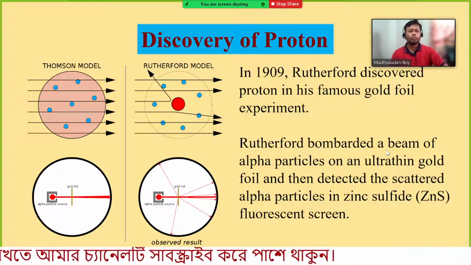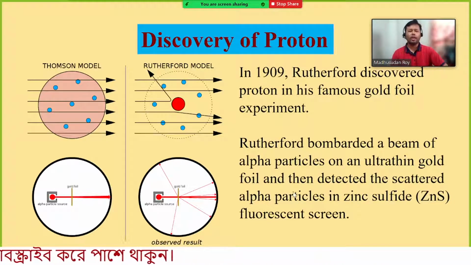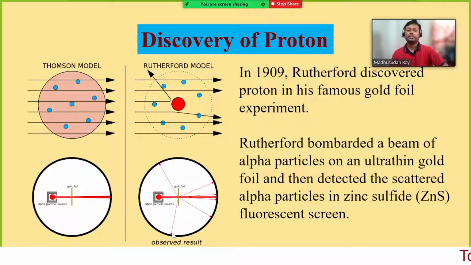So Rutherford bombarded a beam of alpha particles on an ultra thin gold foil and then detected the scattered alpha particles on a zinc sulfide fluorescent screen. Each spot on the zinc sulfide screen is evidence of where the alpha particle is hitting.